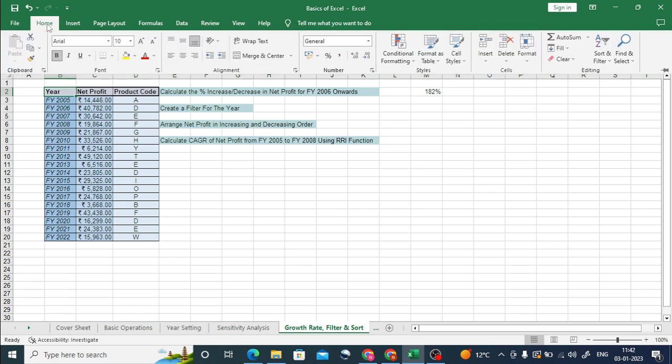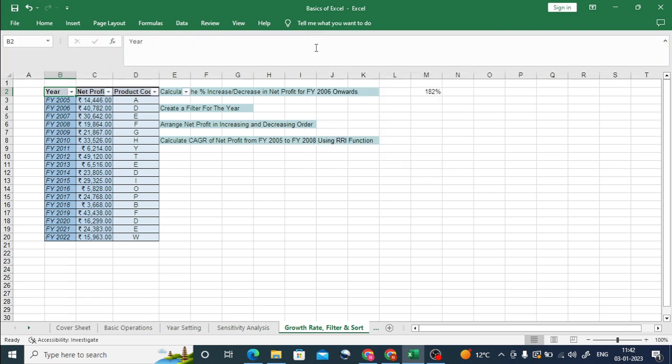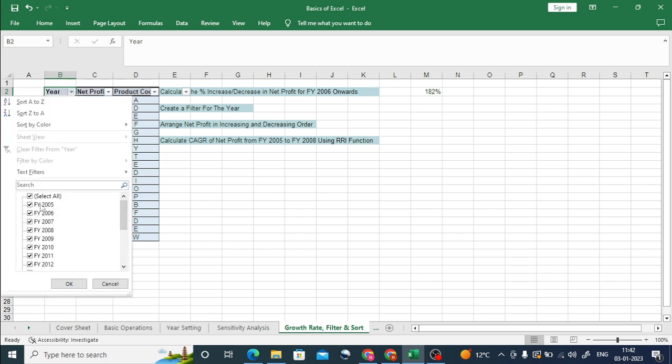How do we create a filter? We create the filter by going into the data, and you see the filter option over here. Just click on this. Now you see this particular button which, when you click on it, will show you all the years, right?